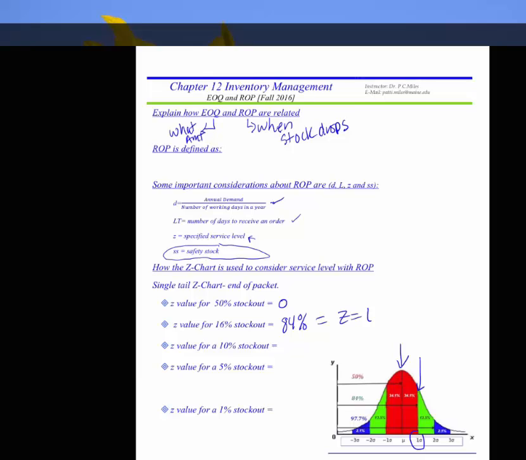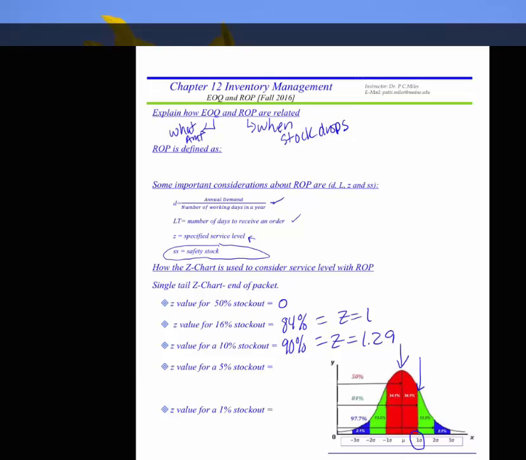A 16% stock out means we're going to turn away 16% of the customers, but we're going to serve 84%. Then we've got the 10% stock out, where we serve 90% of our customers, so our Z value will be 1.29.